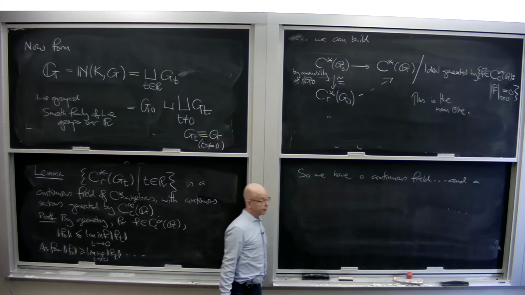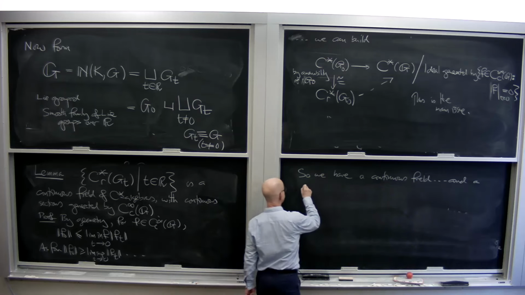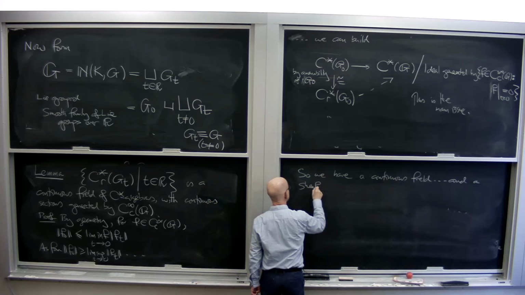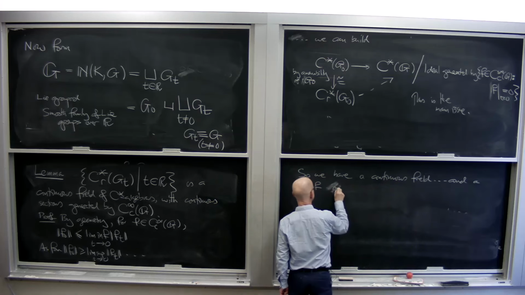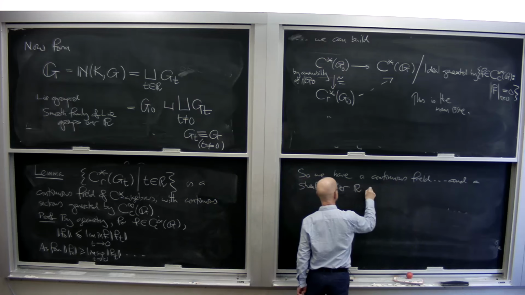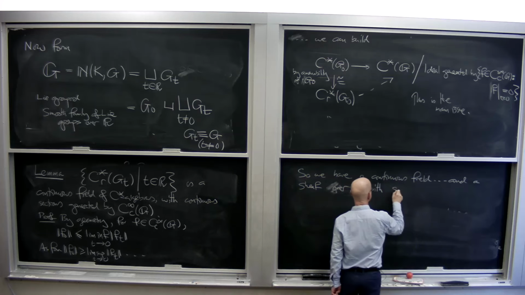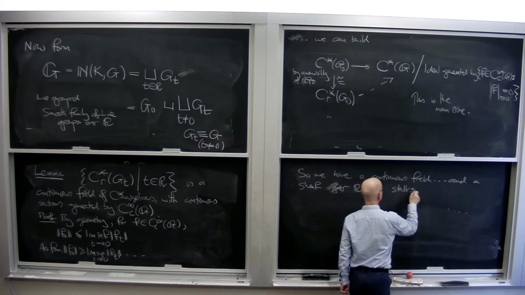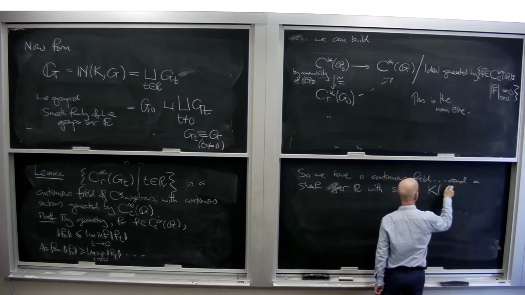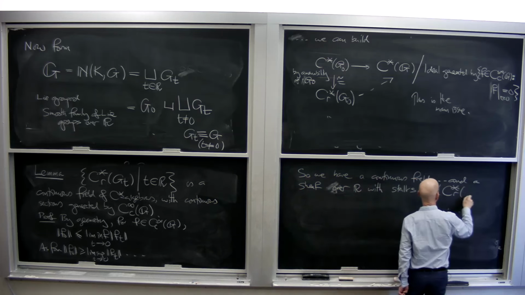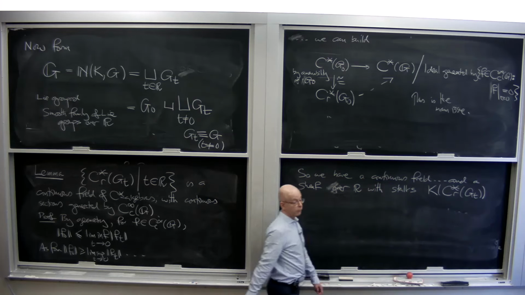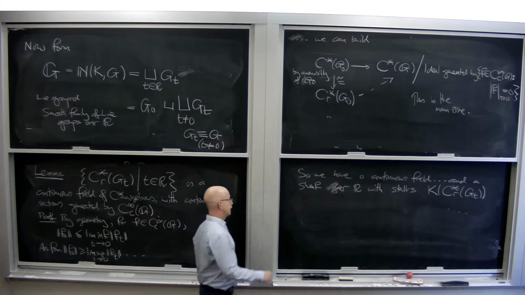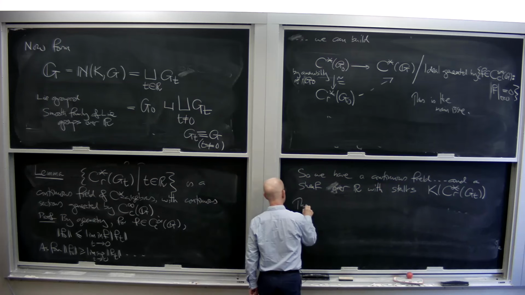And by what we discussed before in the realm of K-theory, we have a sheaf of abelian groups over R whose stalks are just the K-theory groups of the C-star algebras of G_t. And it's a strange fact.